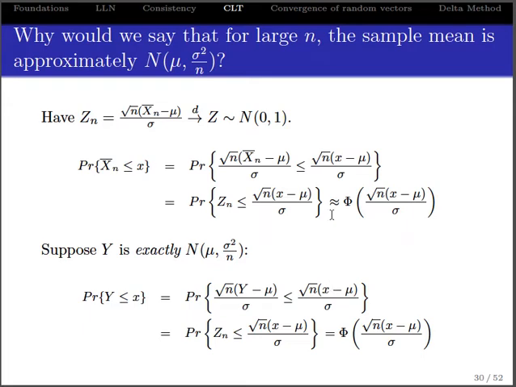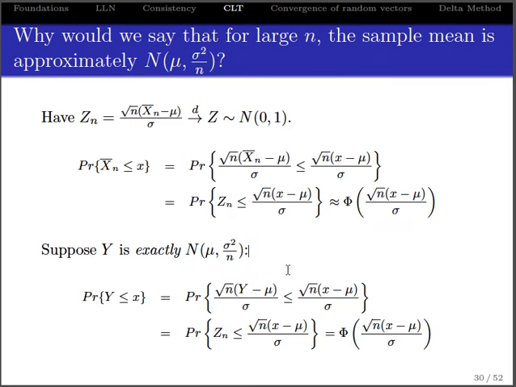It's not approximately. It's exactly the cumulative normal distribution function evaluated at square root of n times x minus mu over sigma. So this means that in practical terms, if you're figuring out probabilities, you would do it in exactly the same way for x bar that you would do for a random variable that really was normal with these parameters.